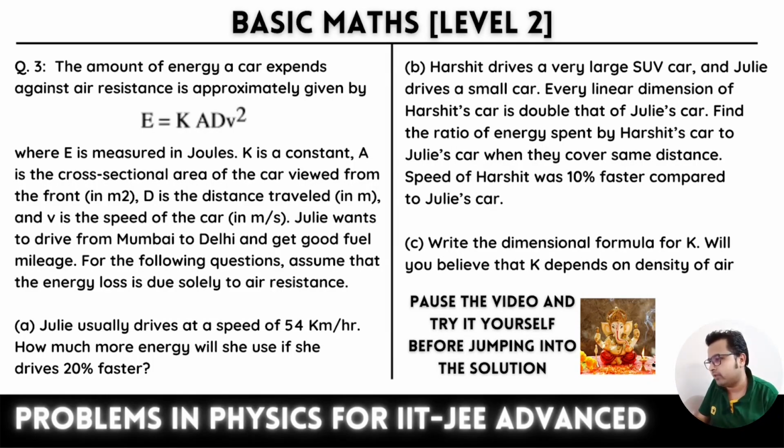So we are given some basic parameters about the car, and when the car moves, it moves against the air resistance. Whenever we do work against any opposing force, there is a loss of energy, so the car expends some energy.